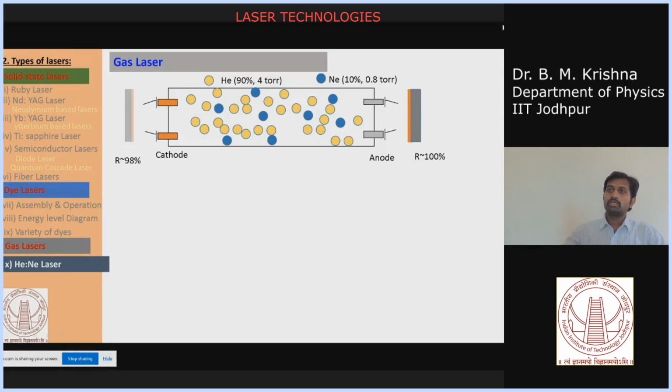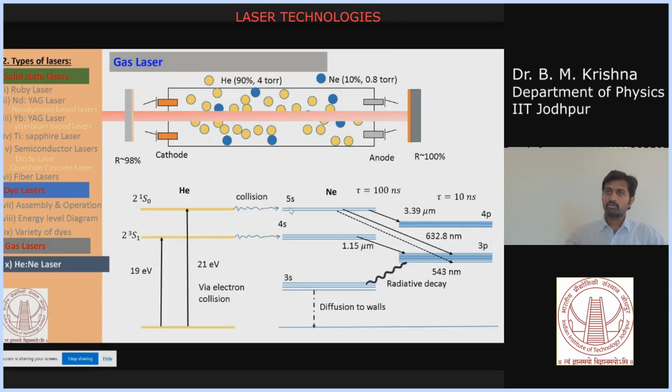Now you make this mixture, and when the electrons go across, you will have lasing action, once spontaneous emission triggers the stimulated emission. Now, when the energy of the electron is low and it immediately meets some neon atoms, there is a transition, but the transition is not radiative.